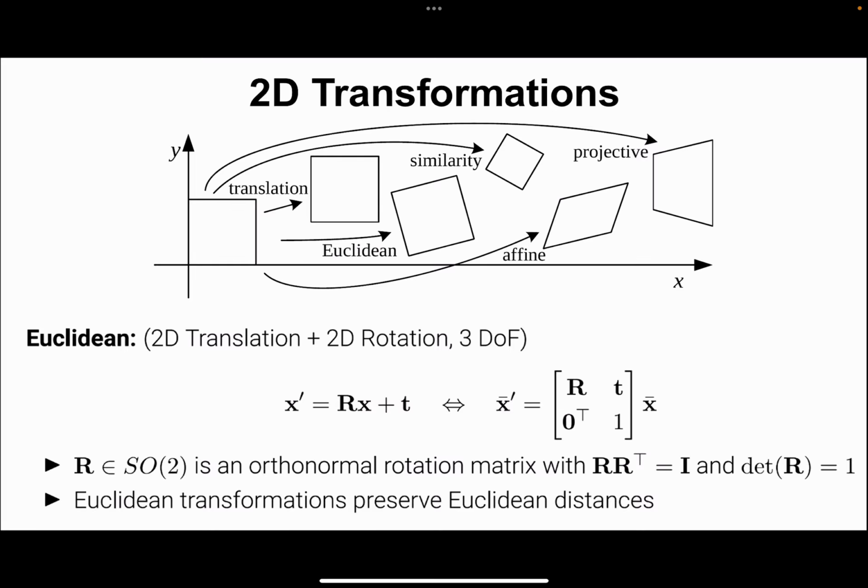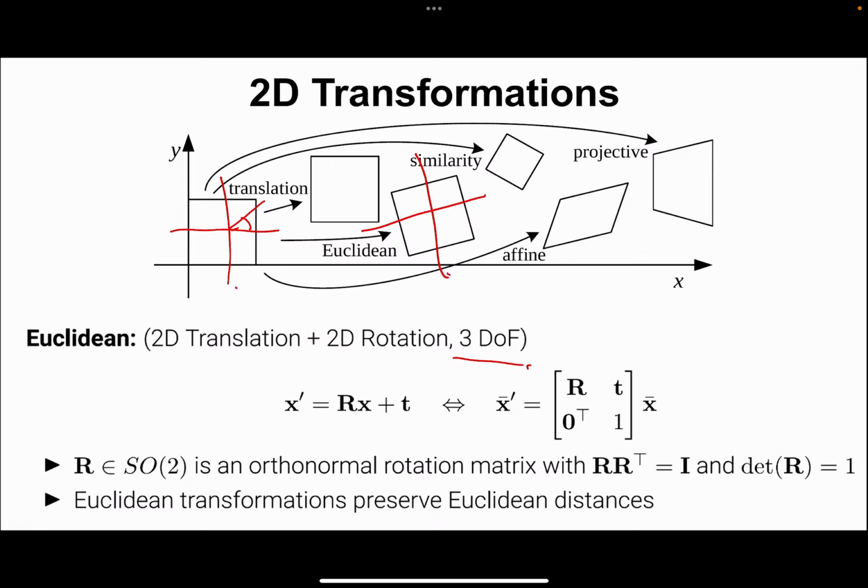And Euclidean. Euclidean means a combination of 2D translation and 2D rotation. That means we have 3 degrees of freedom. In translation, we had 2 degrees of freedom, the x position and y position of the center. But 2D rotation only has 1 degree of freedom, right? This is the rotation axis.